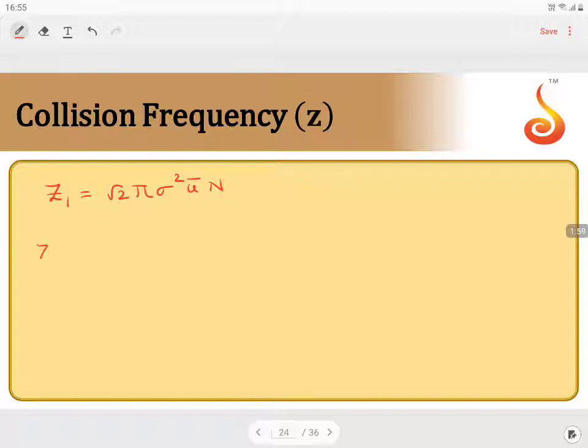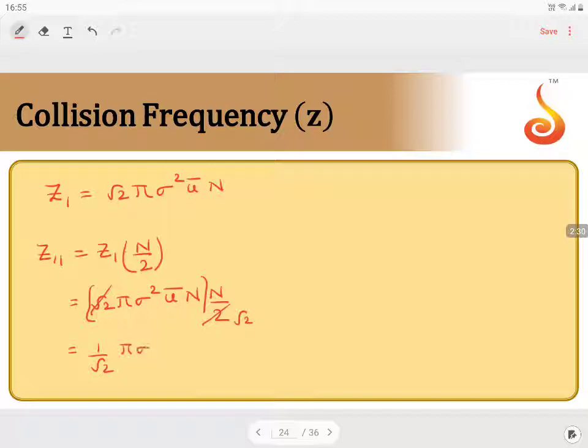Now Z11 is Z1 into n by 2. Half of the collisions are acceptable collisions, and the remaining half are repetitions. Removing them, we get Z1 into n by 2 collisions. Writing root 2 pi sigma square u bar into n multiplied by n by 2, the root 2 times gives 1 by root 2.